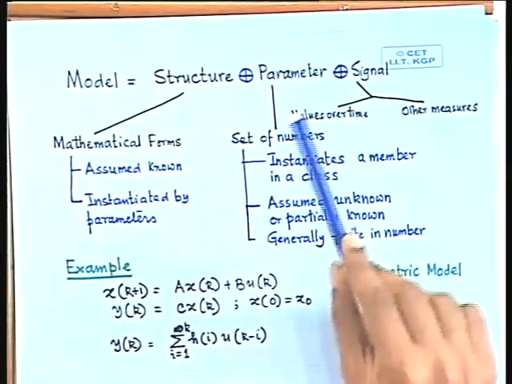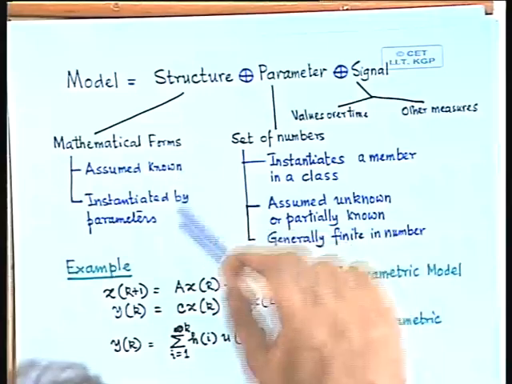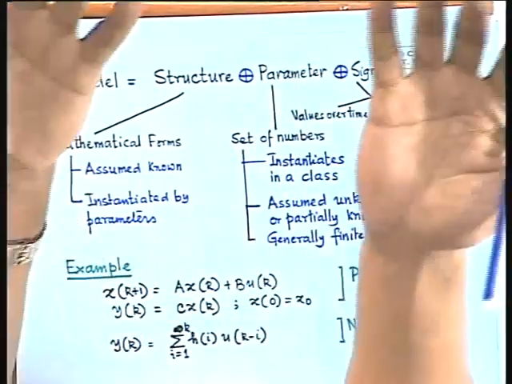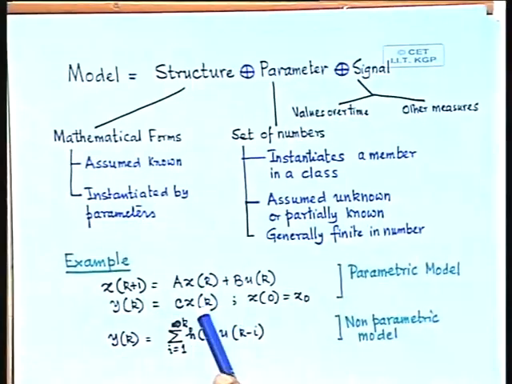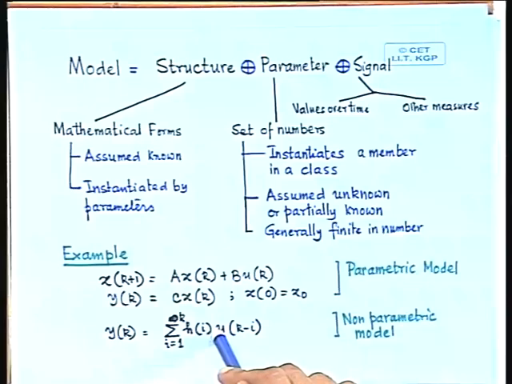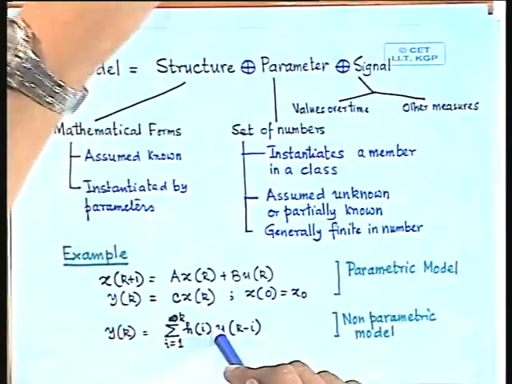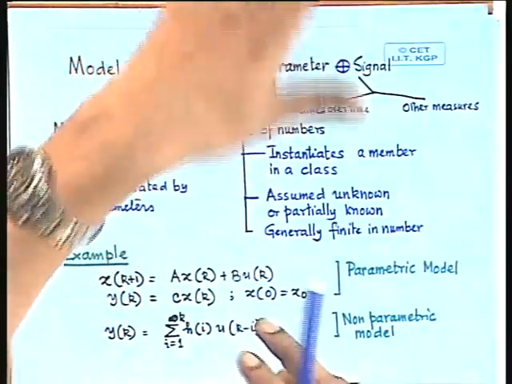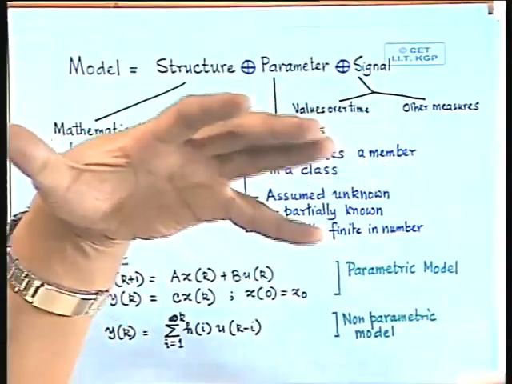So when you tell a structure, you are defining a class of models. This is a class of linear finite dimensional time invariant systems. You are not talking about a particular model of this circuit. You are talking about a set of models, all of which can be described by that structure.